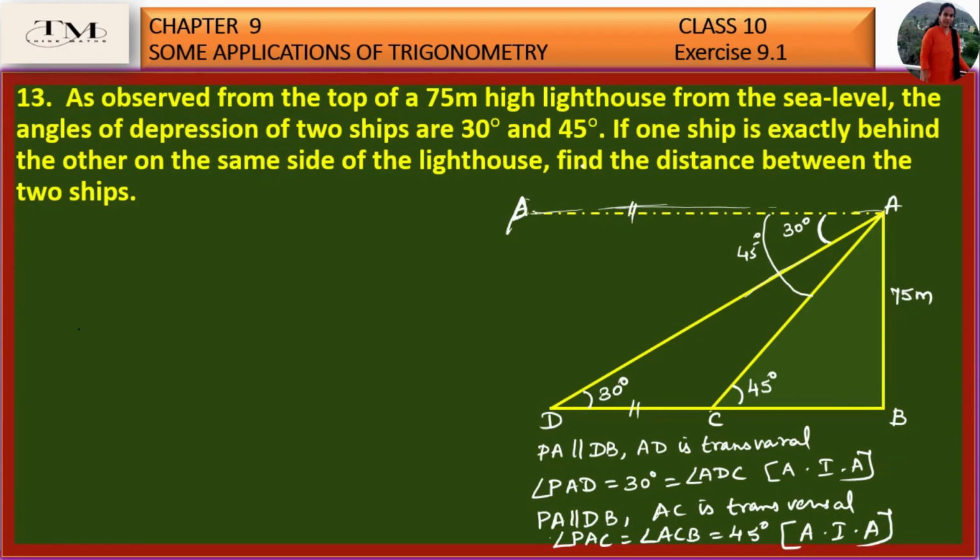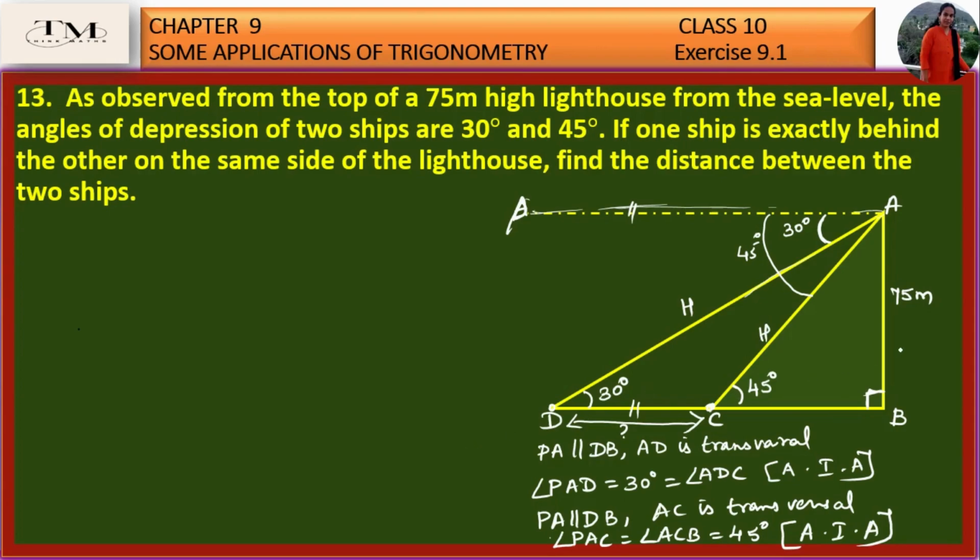What is the question? Find the distance between the two ships. C and D are two ships, and we have to find the distance between them. There are two triangles, ADB and ACB. This is the vertical lighthouse line, so angle B is 90 degrees. Opposite the 90 degrees is the hypotenuse: AD for the bigger triangle and AC for the smaller triangle.